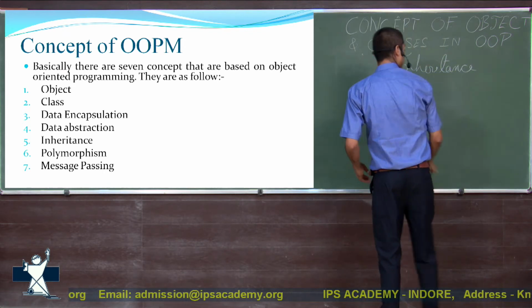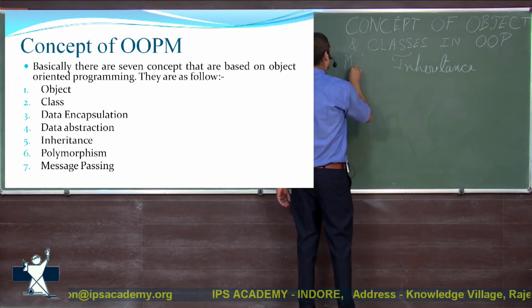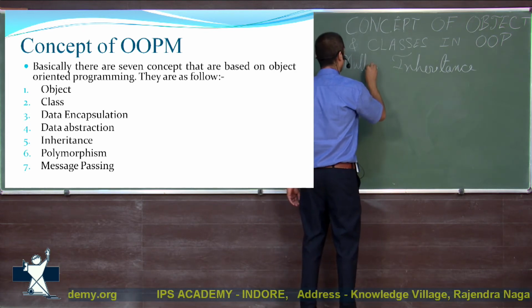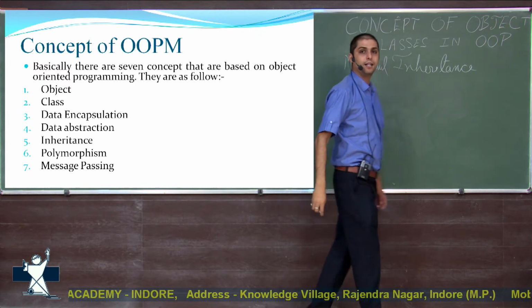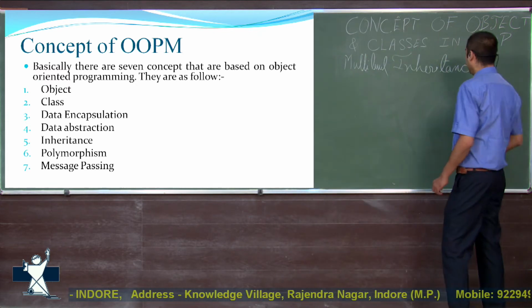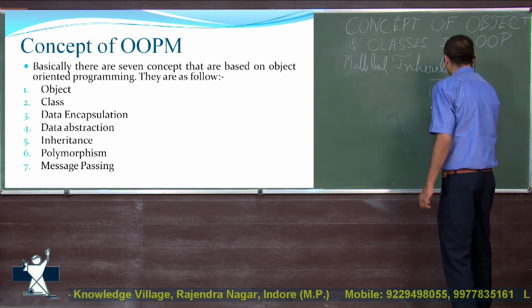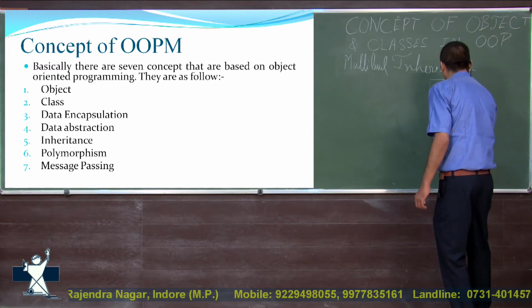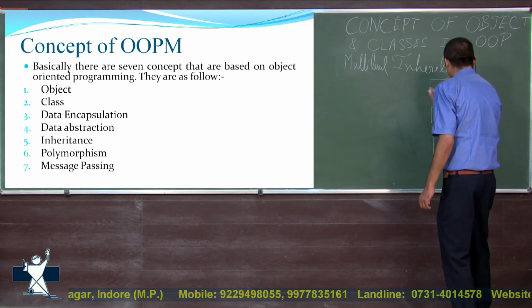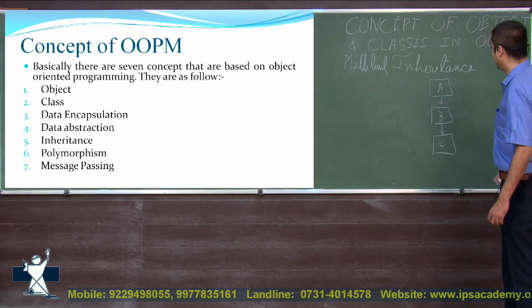The third one is multi-level inheritance. In multi-level inheritance, we have levels of base and derived classes. Let us take an example.